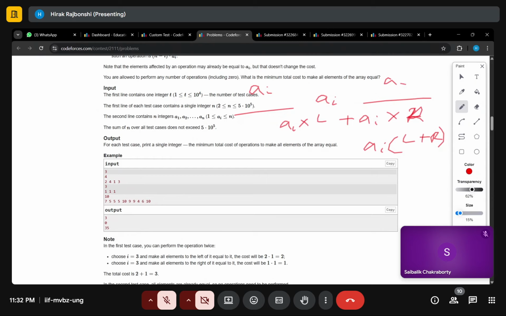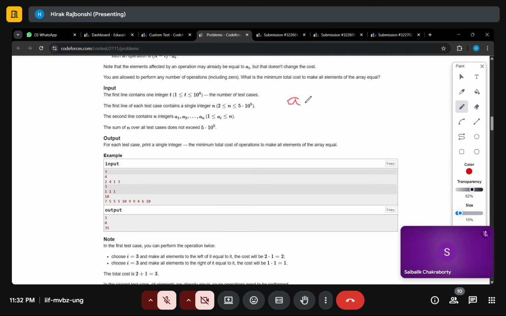Okay. Now our main task is to calculate how many elements are continuous in the array. Let's suppose from ai to aj all elements are k. Then we have to apply the first operation, making all elements on the left-hand side equal to k once.